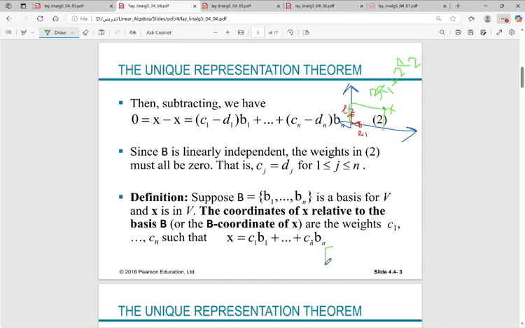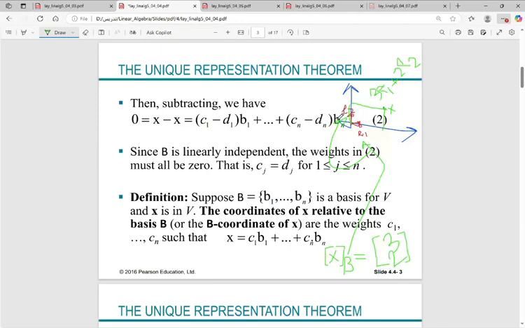So you have something like this: x, then the coordinate of x in B equals (3, 2), and B over here consists of E1 and E2.